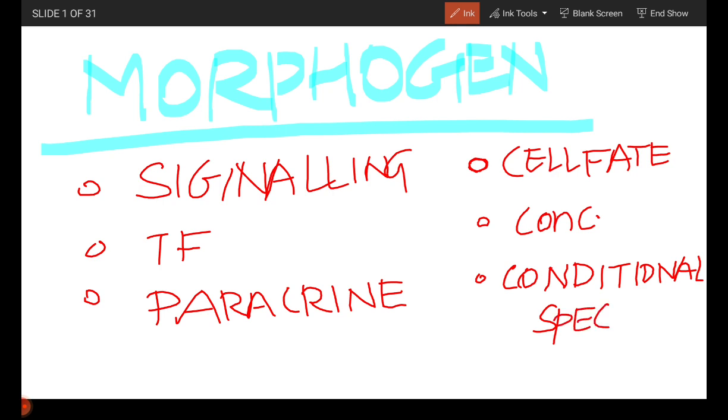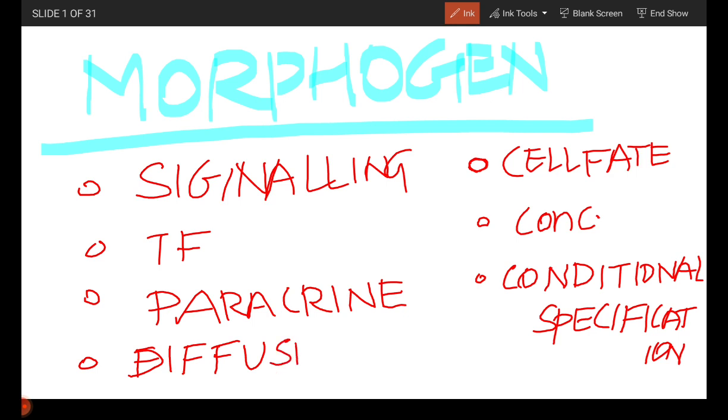So morphogen helps in attainment of conditional specification. These morphogens are diffusible. This is an important characteristic of morphogen. Only then can these substances diffuse from one medium into the cell, and it helps in attaining specific fate of the cell.